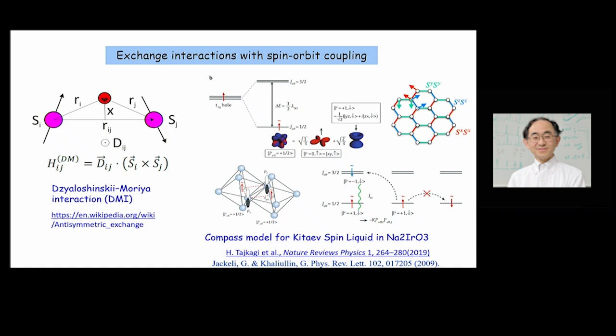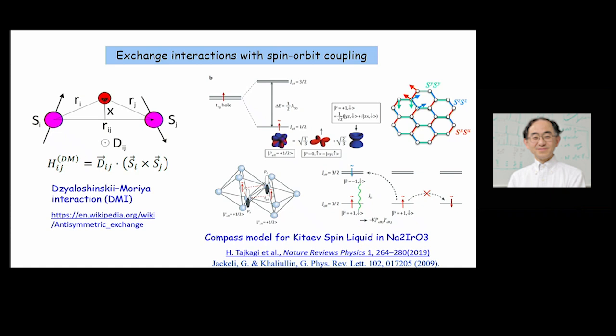This system shows the effective total spin 1/2 state. But because the spin-orbit coupling is rather large, this is different from the conventional 3d orbitals case. So the wave function becomes a linear combination of the complex orbitals, right?